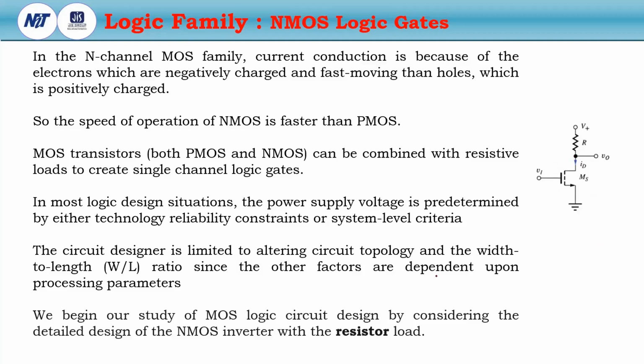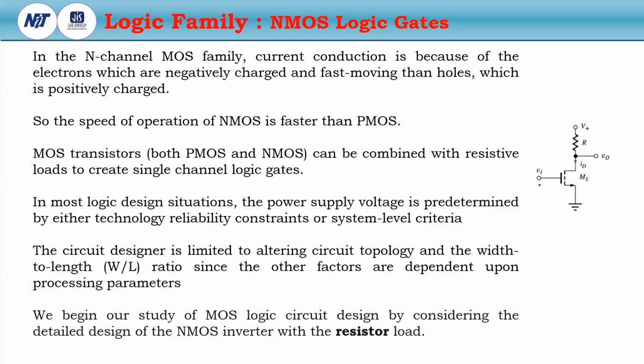Okay. The circuit designer is limited to altering the circuit topology and the width to length ratio, that is called the aspect ratio, since the other factors are dependent upon the processing parameters. Processing parameters means the fabrication parameters. We begin our study of the MOS logic circuit design by considering the detailed design of the NMOS inverter with the resistor load.